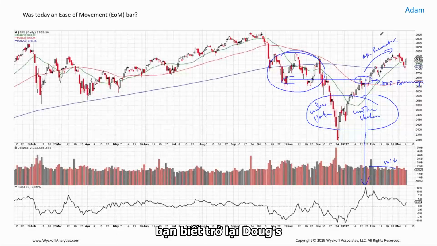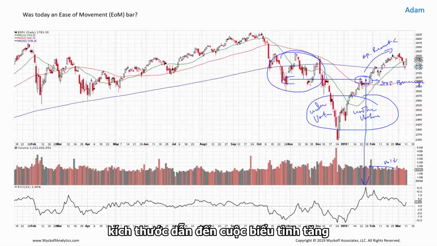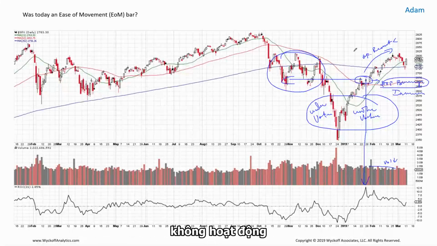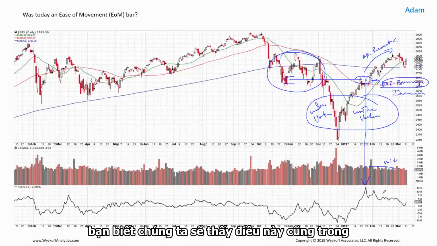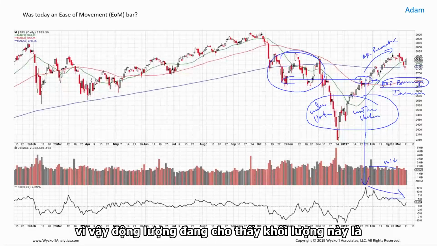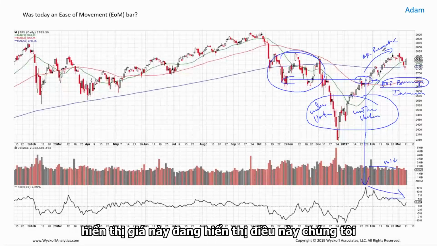Coming back to Doug's question, could we have a diminishing result in the up rally? That's exactly what we have right here. And once they stop buying and they are inactive, we're going to see this also in the momentum. So momentum is showing this, volume is showing this, price is showing this.